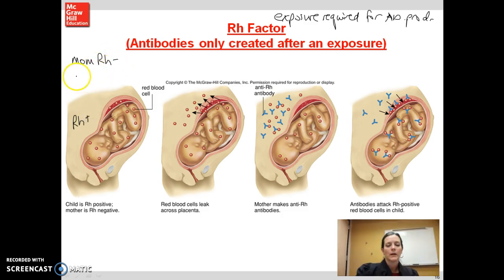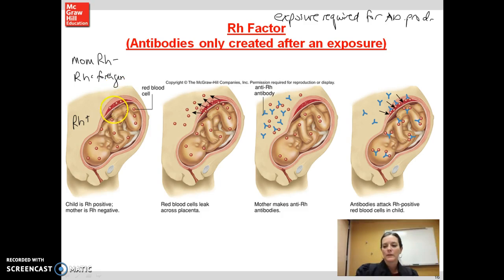So if mom is Rh negative, that means that Rh is foreign to her red blood cells, because her red blood cells don't have Rh on them. So if it ever got exposed to red blood cells that had the presence of Rh, that would be really strange. So that would be foreign and something her body would actually need to fight off or fight against.